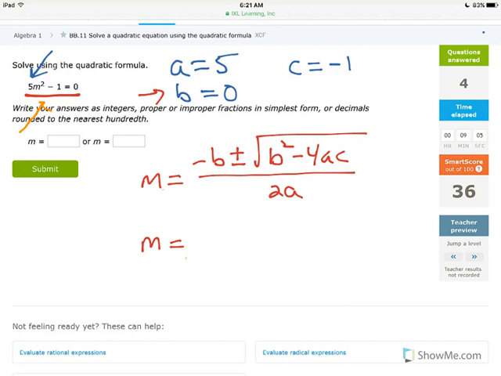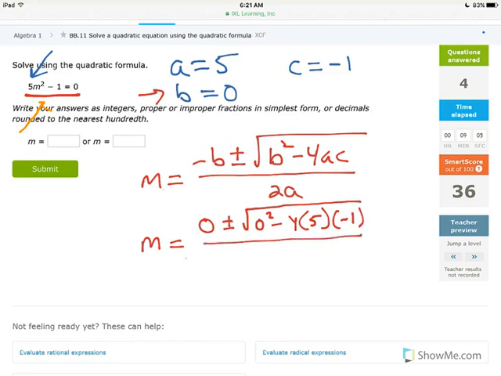So it's going to start out with a minus 0. And negative 0 or minus 0 is just 0. So you're going to have 0 plus or minus your b squared. So it's going to be 0 squared minus 4 times the a. The a is 5. And the c is negative 1. All over 2 times the a value. So 2 times the a value would be 2 times 5. And that would be your setup for this particular one.